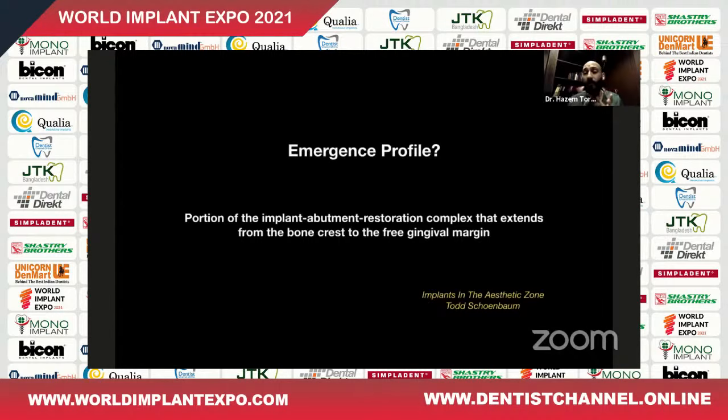All of this is called the emergence profile. It's not only about the shape of the final crown, because most of us used to think that emergence profile is the shape of how the crown emerges from the soft tissue. In fact, it's a portion of the implant abutment restoration complex.